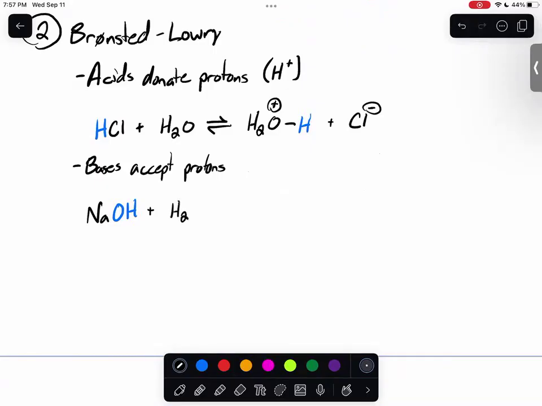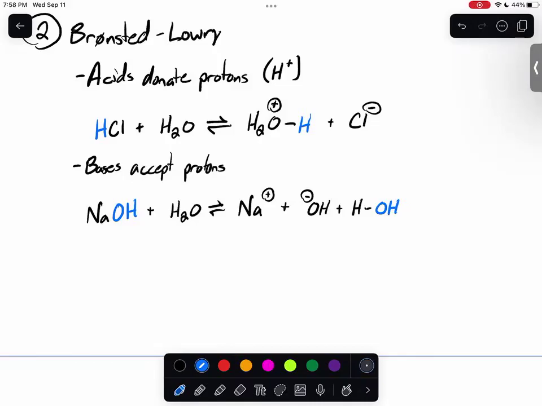One of the things that can happen here is, rather than it just being the sodium and the hydroxide that break up, what if the sodium's here, we've made hydroxide, and one of the hydrogens from the water was actually taken by the basic hydroxide we started with? So this would be a definition of a Bronsted-Lowry base. They accept protons. We're going to dive deeper into Bronsted-Lowry in just a second.